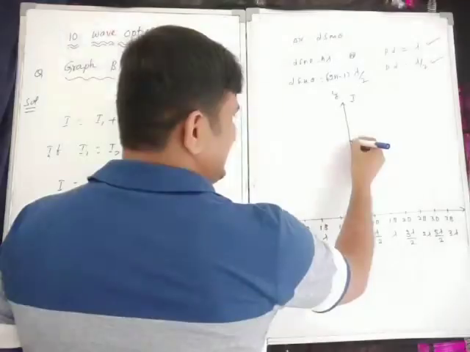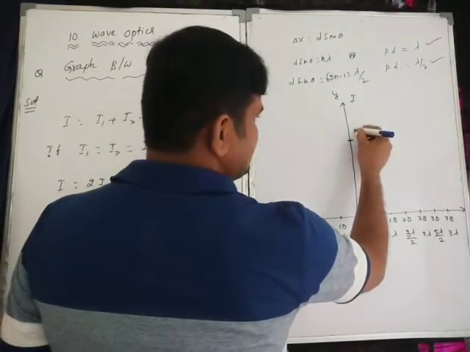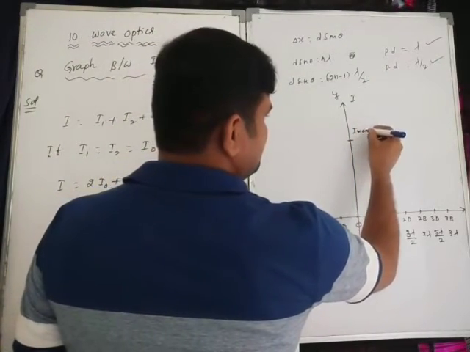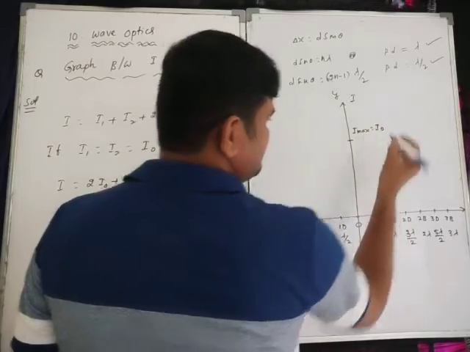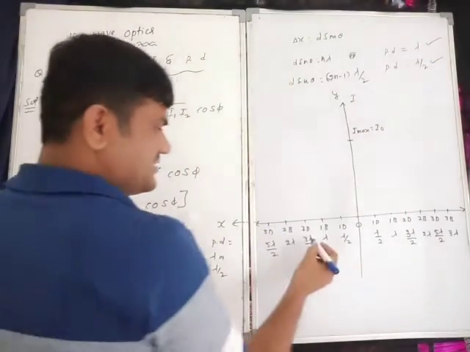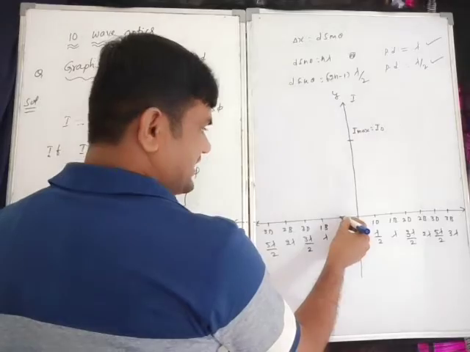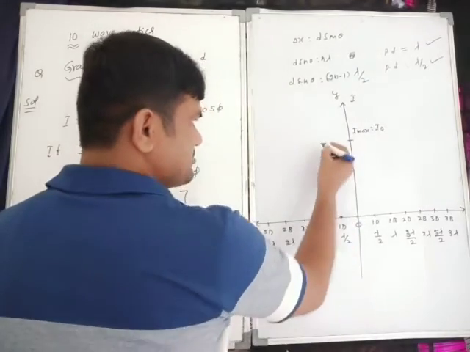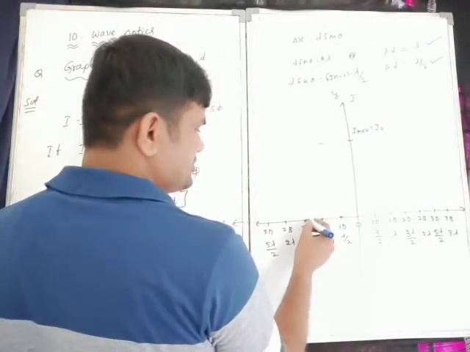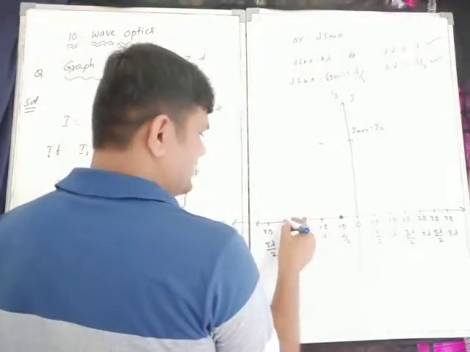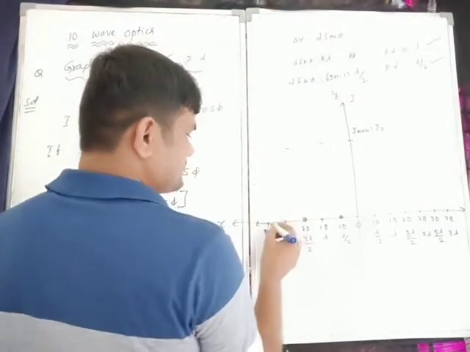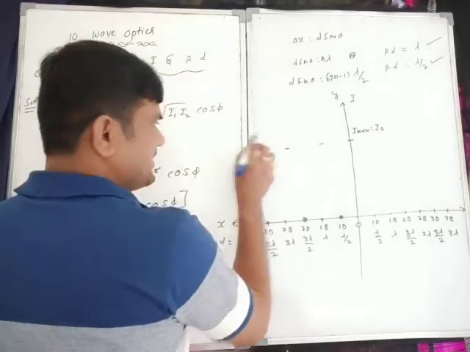So this is the maximum, I max. And here second dark 0, again maximum, again 0 and again maximum.